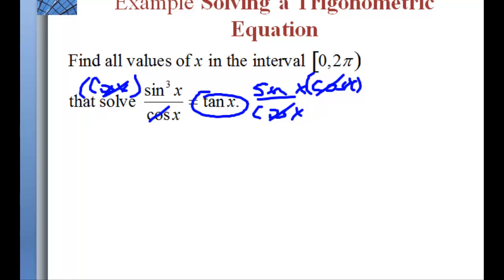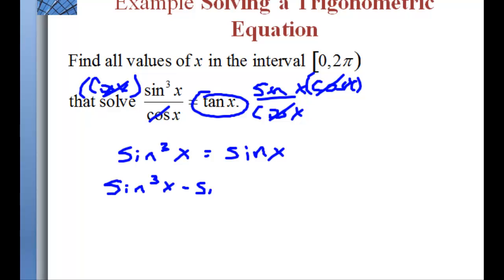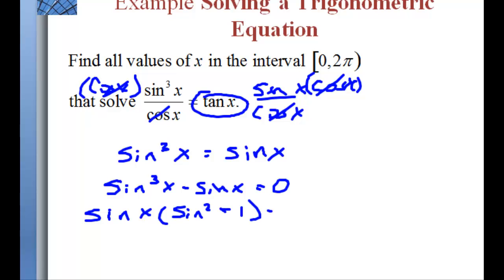So we get sine cubed x is equal to sine of x. So sine cubed x minus sine x is equal to 0. We factor out a sine x. That leaves sine squared x minus 1 is equal to 0.